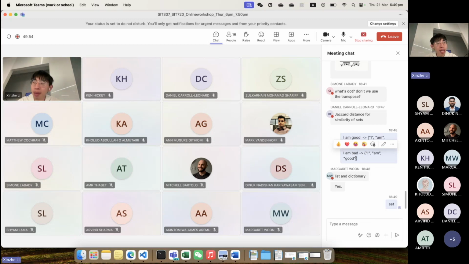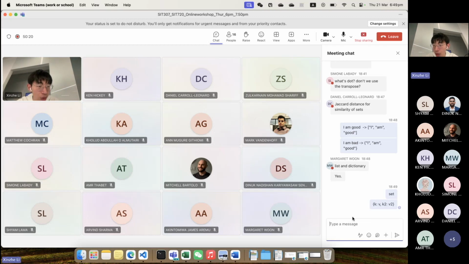Actually, normally in mathematical notation, we also use this curly bracket for set. But you are right. Curly bracket is also reserved for dictionary. But there we have a key and a value, then we have this colon, then another key and another value. This is a dictionary, okay?